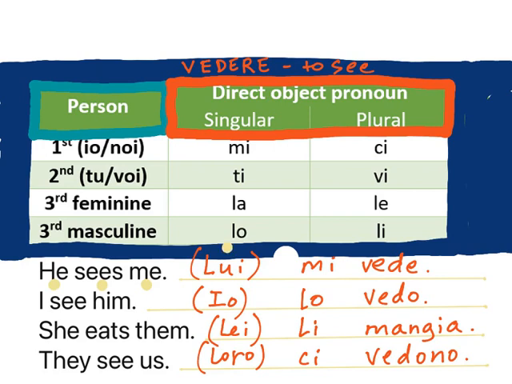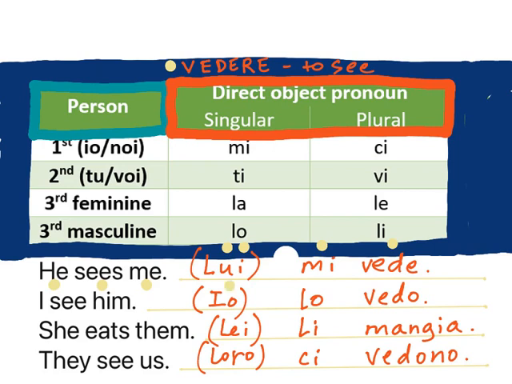So lui would be he, optional subject pronoun in Italian, unlike in English. Mi is the direct object pronoun. Vede is the conjugated verb vedere, you see it right here, and it is conjugated according to the subject lui. So lui mi vede, correct, or mi vede, both are correct.